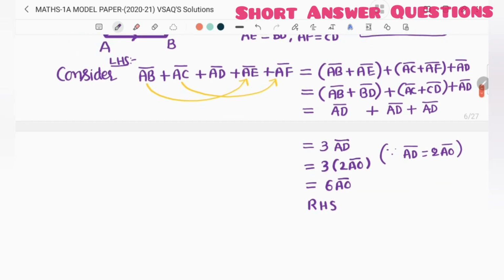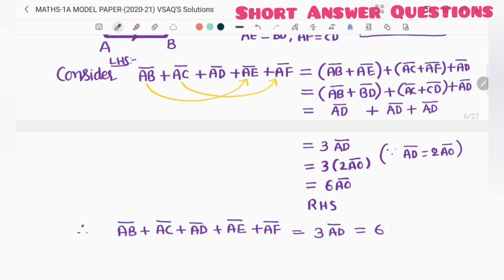Therefore, conclusion step: AB bar plus AC bar plus AD bar plus AE bar plus AF bar is equal to 3 times AD bar, that is also equal to 6 times AO bar.